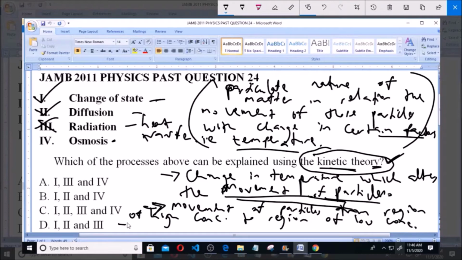And then 4 says osmosis. And osmosis refers to movement of solvent particles from a region of low concentration to a region of high concentration through a semi-permeable membrane.